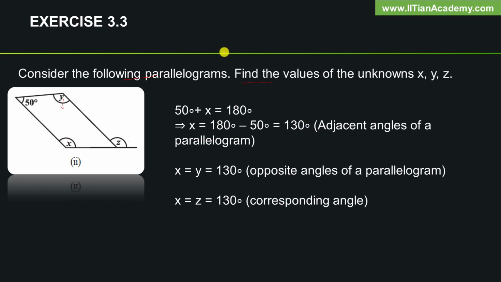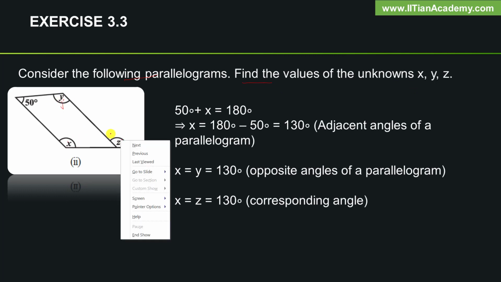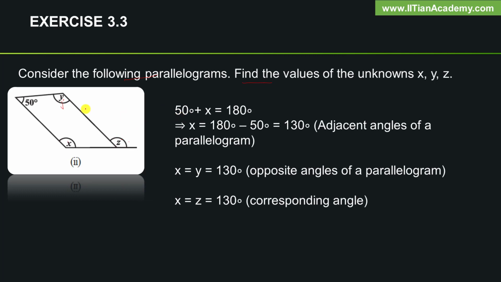Question 2b. Here, knowledge of parallelogram and its diagonal properties is used. In this question, we have to find x, y, and z. Here, we can see 50 plus x equals 180, since both are adjacent angles of a parallelogram.